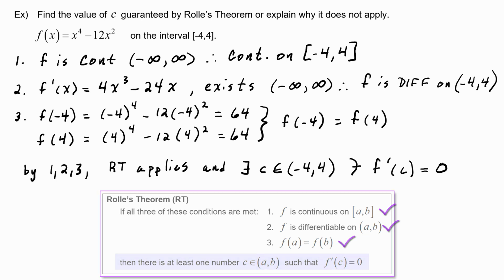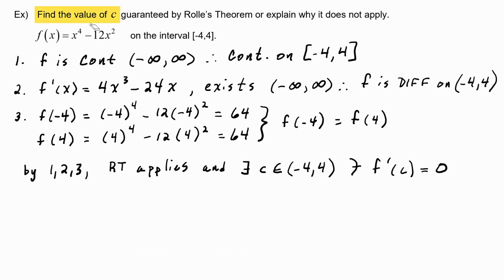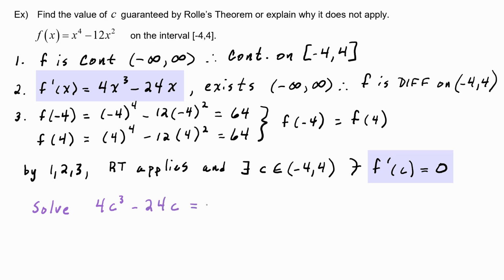Now remember, in this case, we had to find the value of c. So we have to solve f prime of c is equal to 0. So if we plug x equals c into f prime, then that means we will need to solve 4c cubed minus 24c is equal to 0.